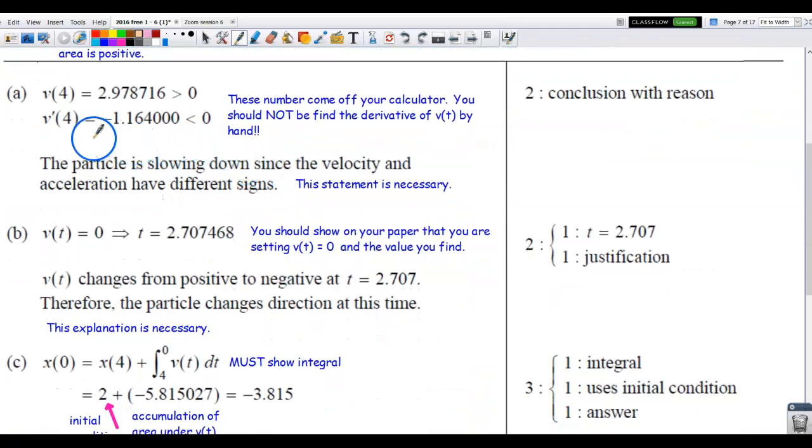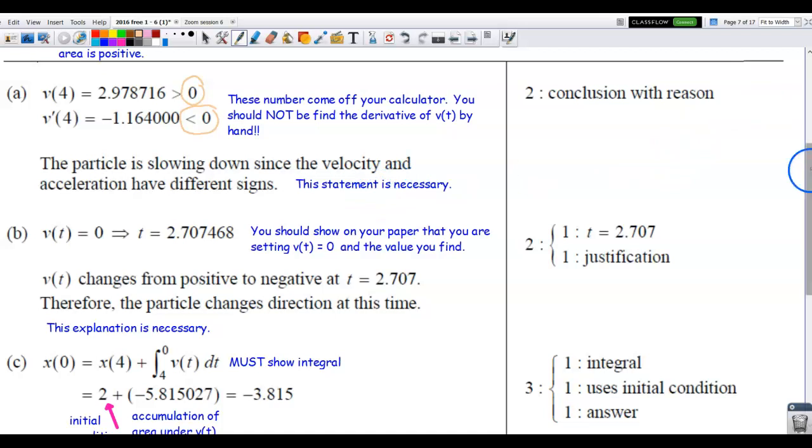I'm not doing anything by hand. So I would put the function into y1, and then make the calculator find the derivative at that particular value. And I see that the velocity at that time is positive, and the acceleration at that time is negative. So I'm going to say that the particle is slowing down since velocity and acceleration have different signs. And you do need to make that conclusion.